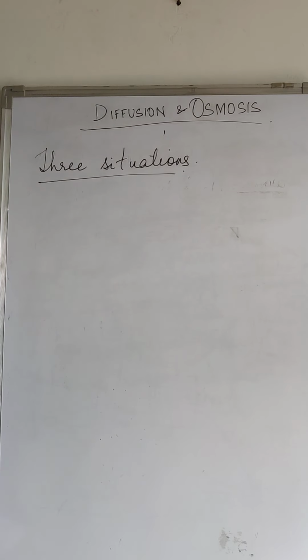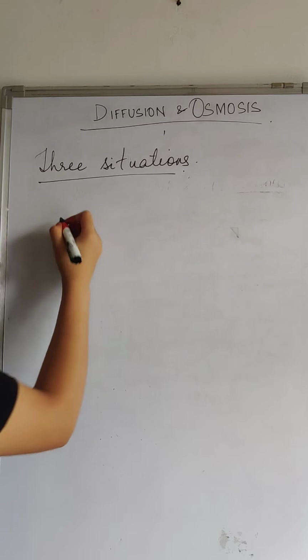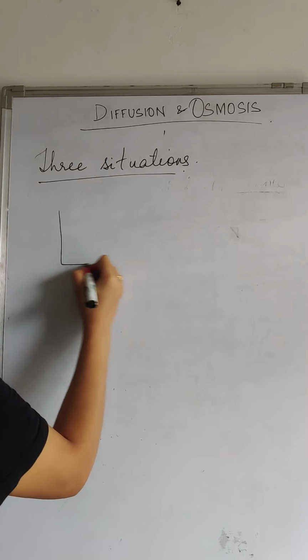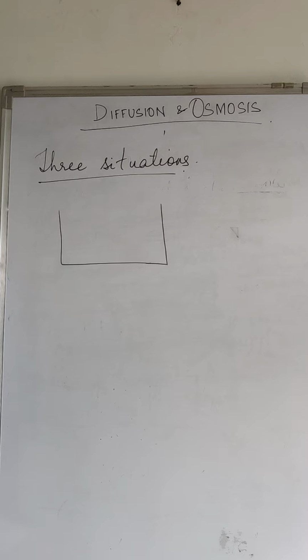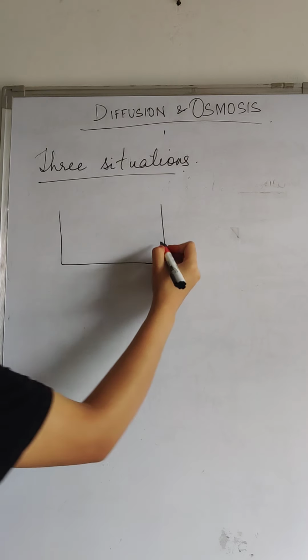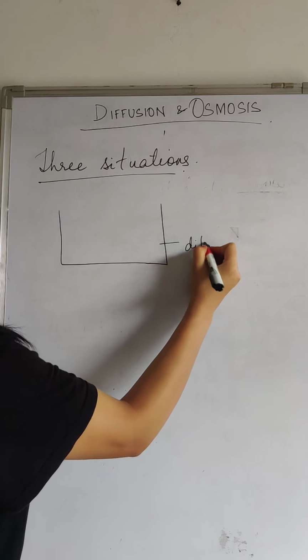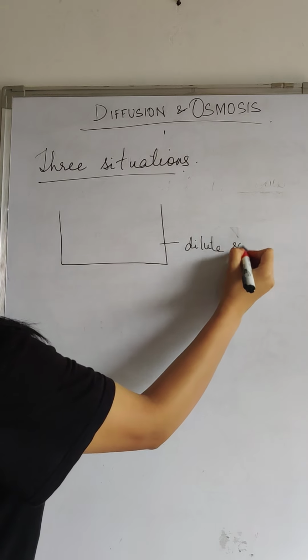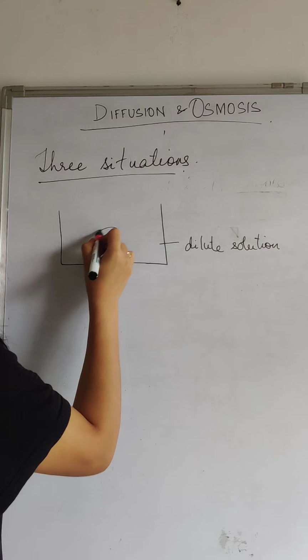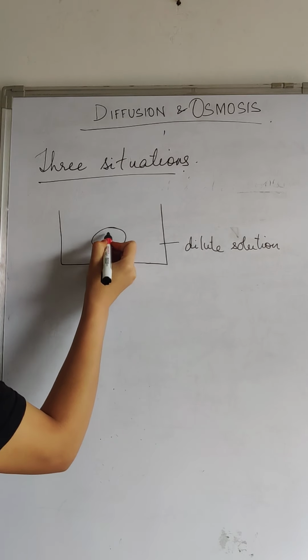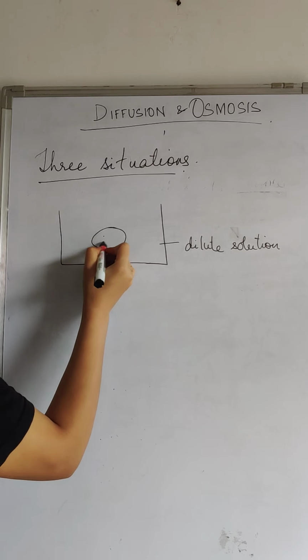In the first case, what I did was, I took a dilute solution here, a very dilute solution, and this is a cell. Inside the cell there is cell sap, there is some solution present inside the cell.